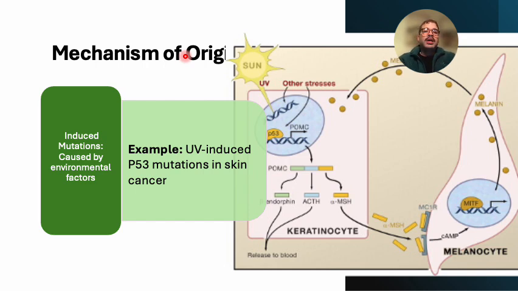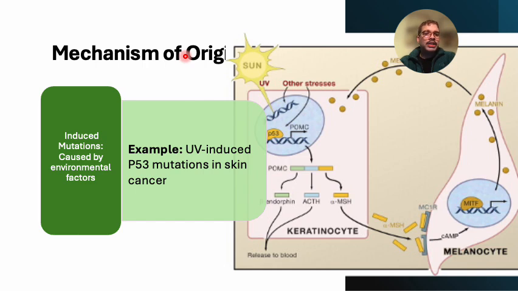The UV-induced mutations in TP53 often occur at specific hotspots, such as codons 245, 248, 273, 242, and 282.